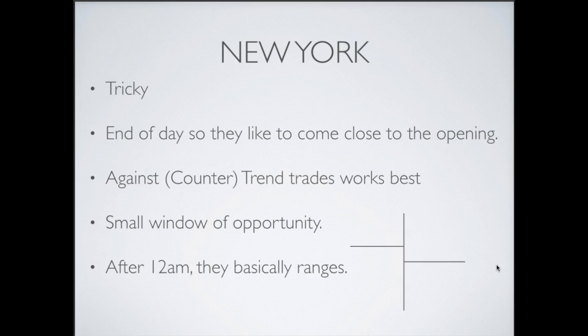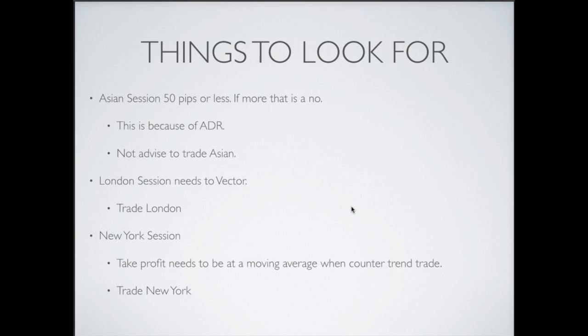So you have to pick which session you want to be in to get the trade in. Things to look for. We're going to talk about ADR in just a second. Asian session has to be 50 pips or less. That is pretty much letting you know that you have a lot more money to make. If you're going to trade the London session, you have a lot of money to make if your Asian session is less than 50 pips.